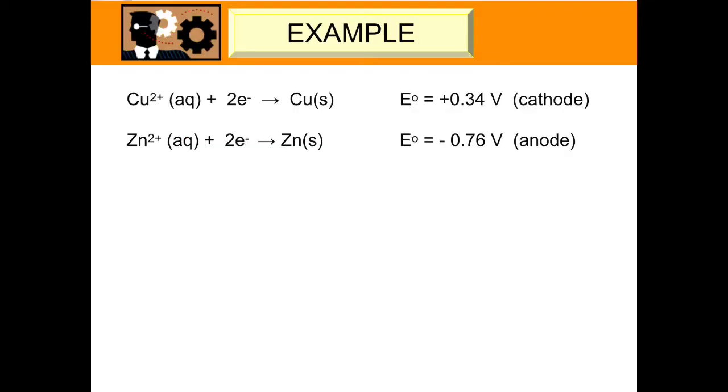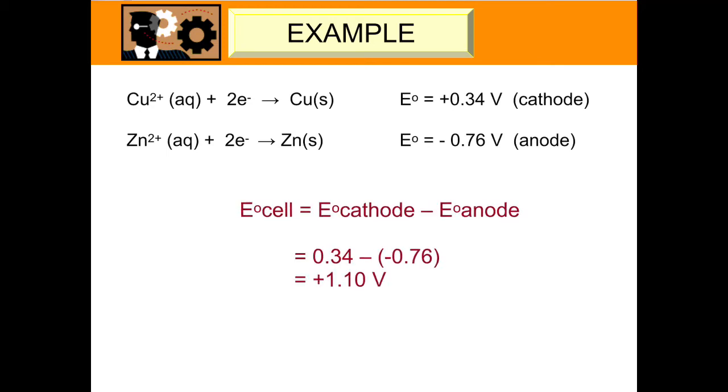For example, we have the following E0 values for copper and zinc. We know that the more positive will become the cathode and the more negative will become the anode. So we can use the formula E0 cell equals E0 cathode minus E0 anode, and we will get the value of E0 cell as positive 1.10 volts.